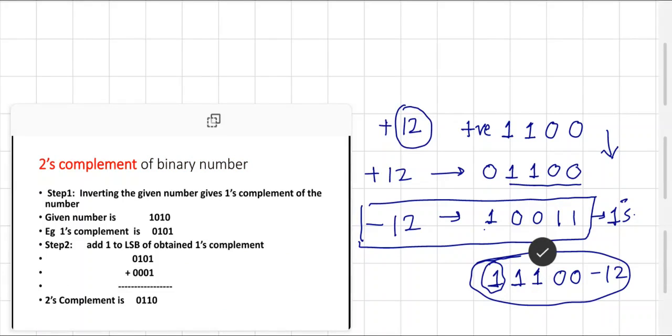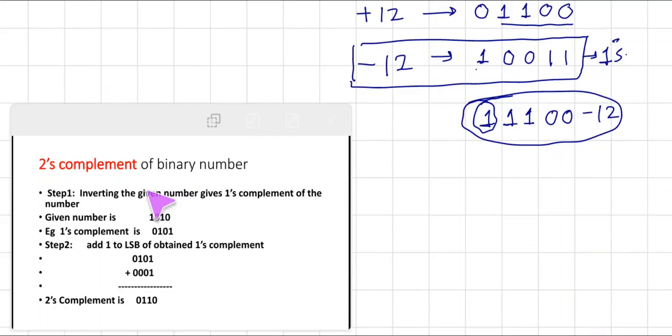Now let us consider 2's complement. Now we are talking about the 2's complement system. This system is also used to represent negative binary numbers.